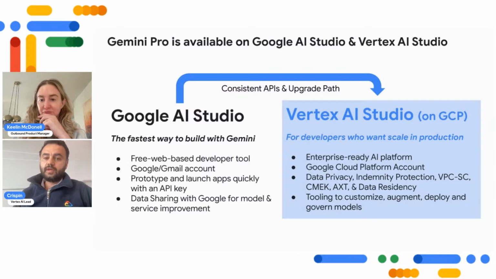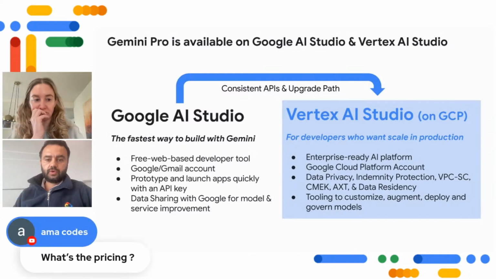The other platform is called Vertex AI Studio, and this one lives on GCP. This is for developers who want to scale into production and build end-to-end experiences for their users, either business or consumer users. So it's an enterprise-ready AI platform.